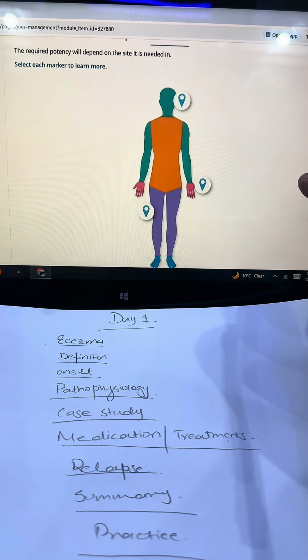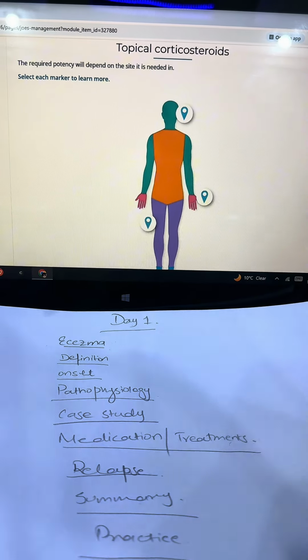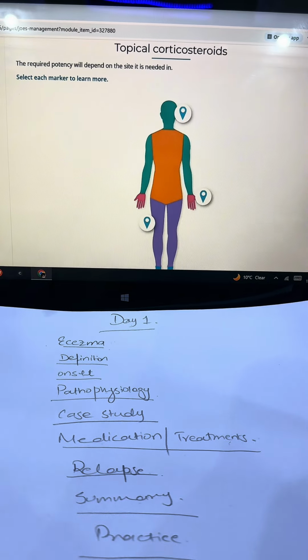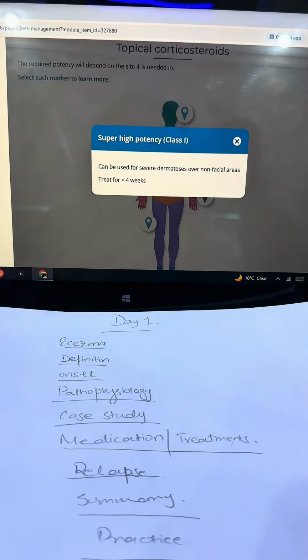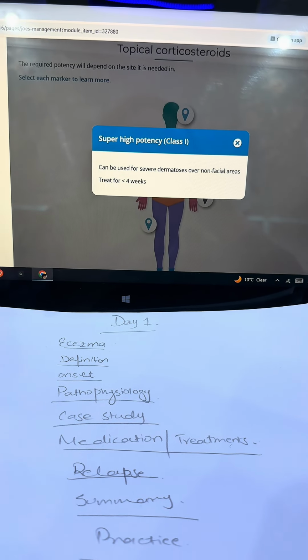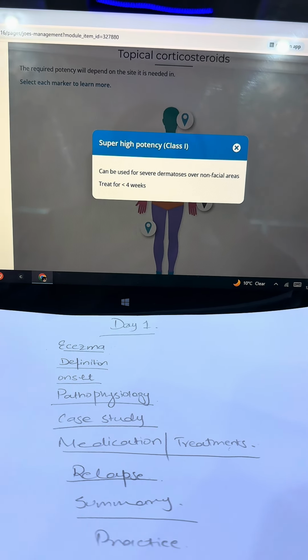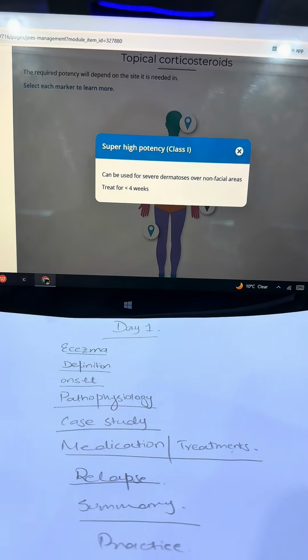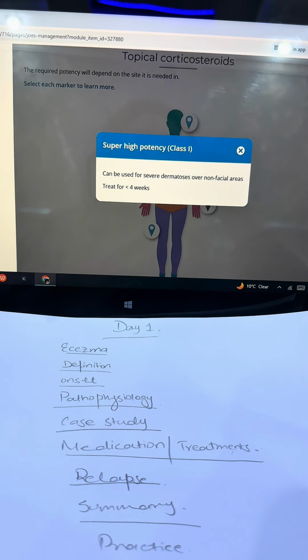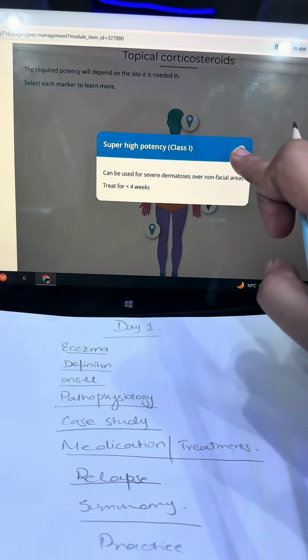While using topical corticosteroids, we may divide them into categories. The first one is super potency, which can be used for severe dermatoses or non-facial areas such as the hand. Treat for less than 4 weeks.